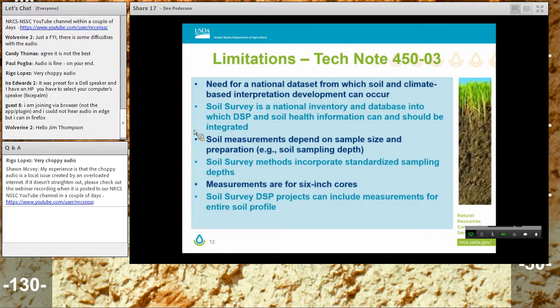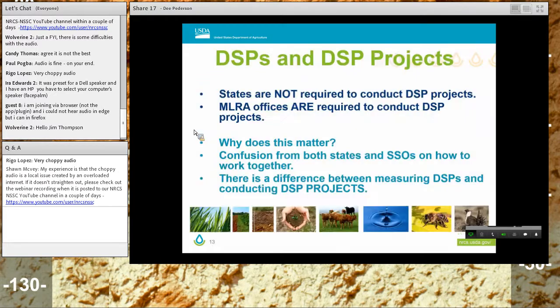Soil map units with the same name soil components will be tied to the appropriate range of dynamic soil properties as collected and analyzed through these DSP projects. So that whole idea of tying these ranges of dynamic soil properties to the landscape and creating this large national data set, just keep that in mind. It's one of the goals.